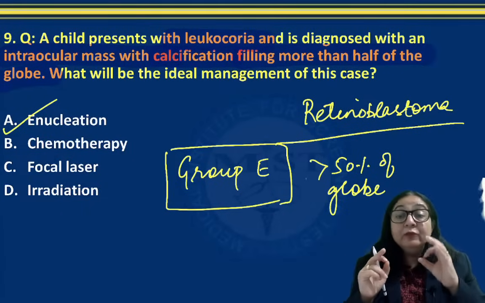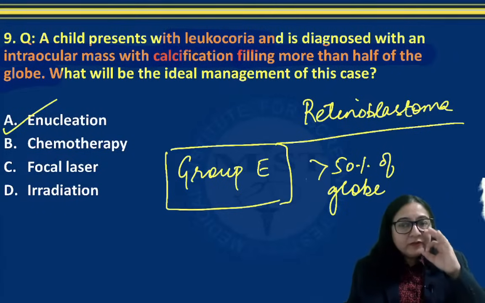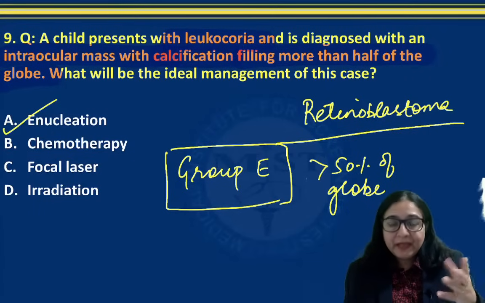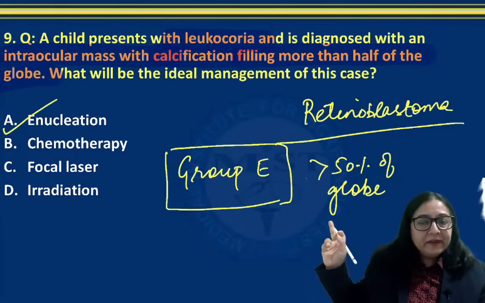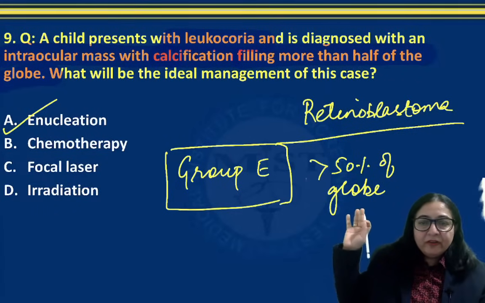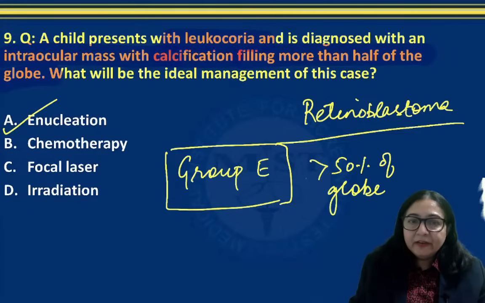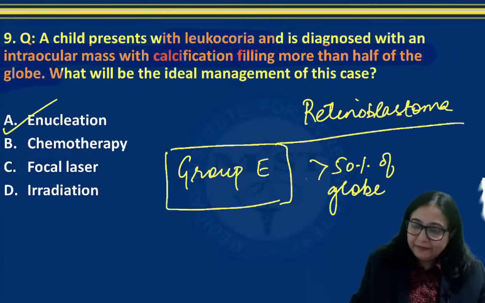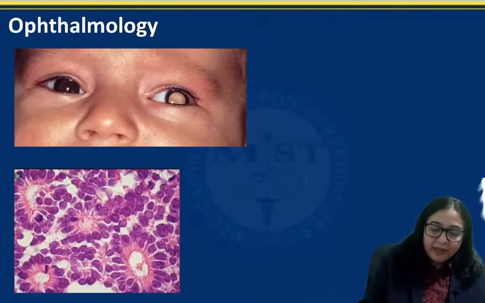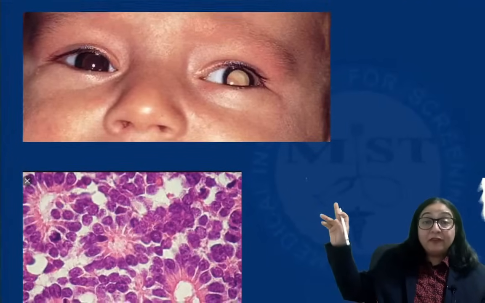Laser is used for smaller tumors, mostly for group A or some group B tumors. Radiotherapy is given when there is orbital invasion or optic nerve invasion, then you give the radiation to the orbital apex.